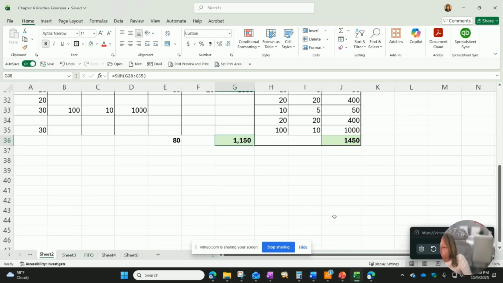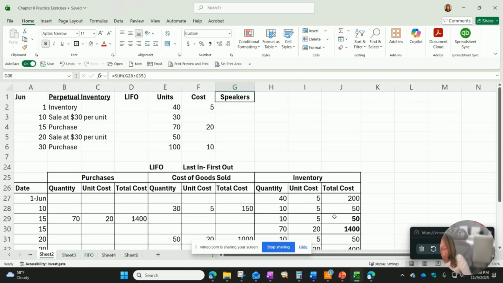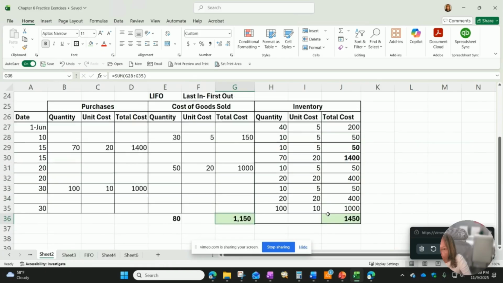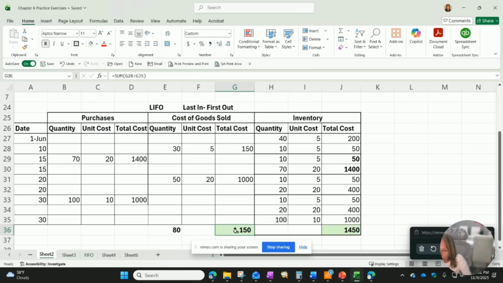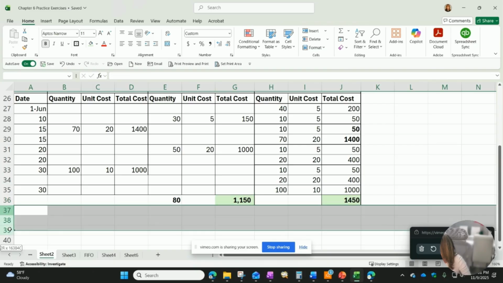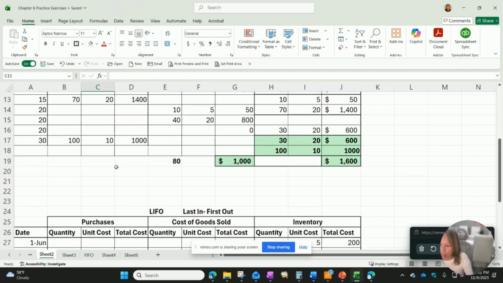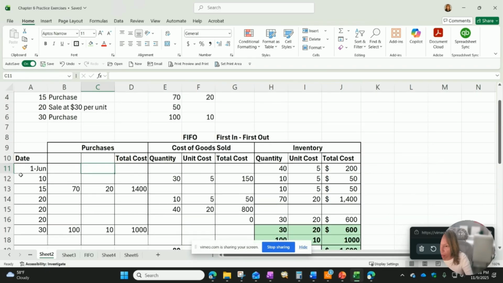I am going to bring up the example we had done before with the FIFO with the intention of comparing the costs to see which cost is higher. Here is the FIFO here on top.